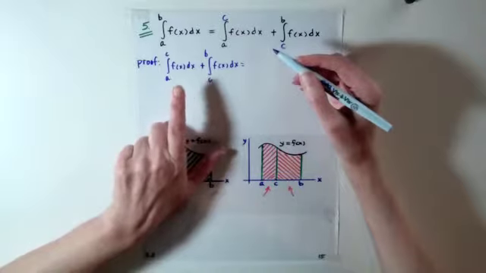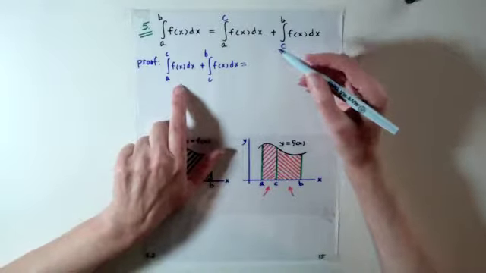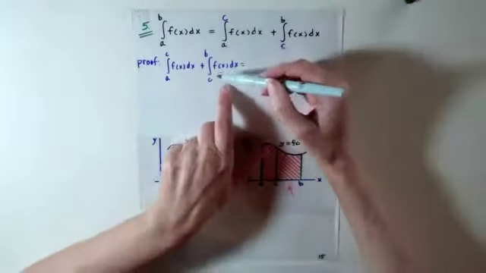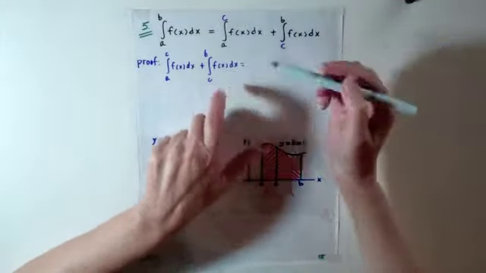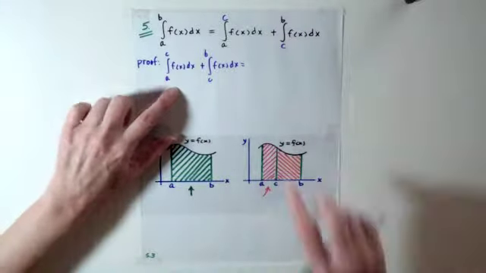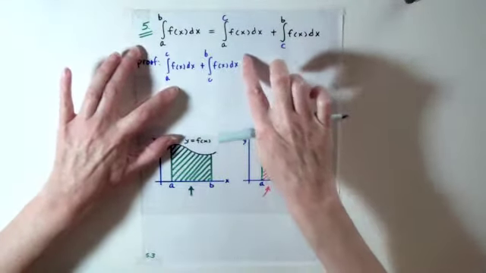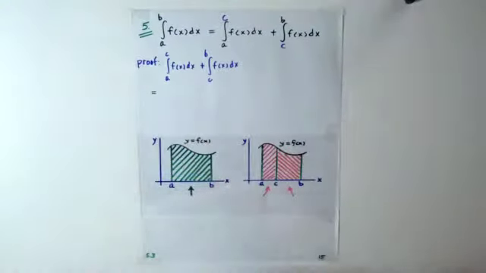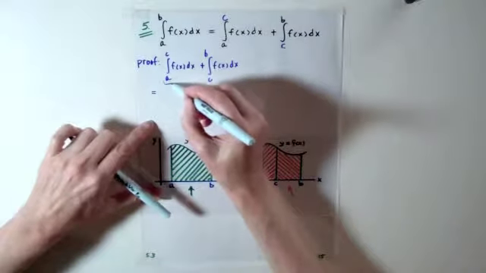So let's go ahead, and what I'm going to do is write out what I mean by the integral from a to c of f of x dx and what I mean by the integral from c to b of f of x dx. Let me put my equal sign right down here, so it's right underneath. If I integrate this first thing, how do I do that?